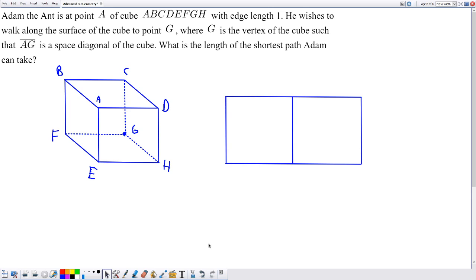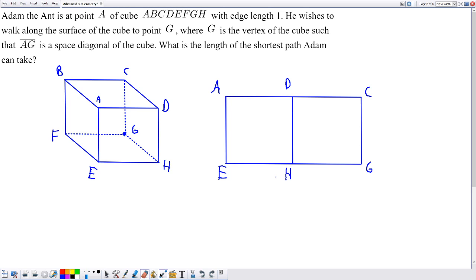Now you might be asking why, and hopefully I'll be able to show you clearly how that works. Because we're starting this journey at point A, then if we're looking at each surface, this would be D, and then this would be H, and this would be E. And then it's going to walk across this surface, somewhere like this, onto the next surface, which would be DHG and C. So that is how we are going to visualize the situation.